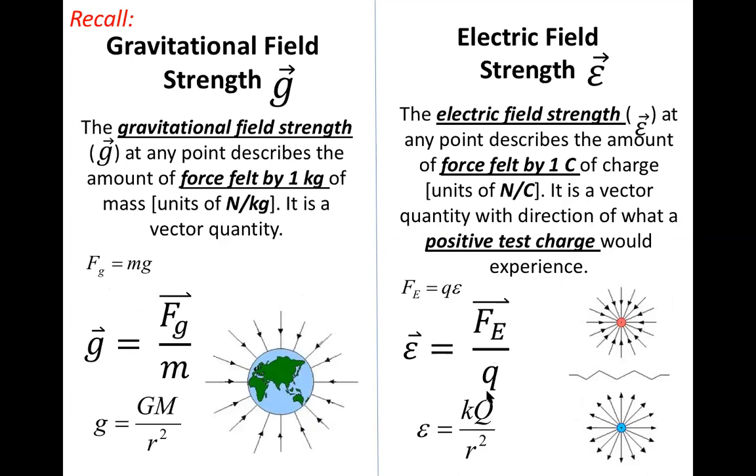Electric field strength is the force per unit charge. So that's why the mass and charge are kind of analogous. We also have these equations for field strength in terms of the mass of the planet or the charge of the larger charge that's creating the field.